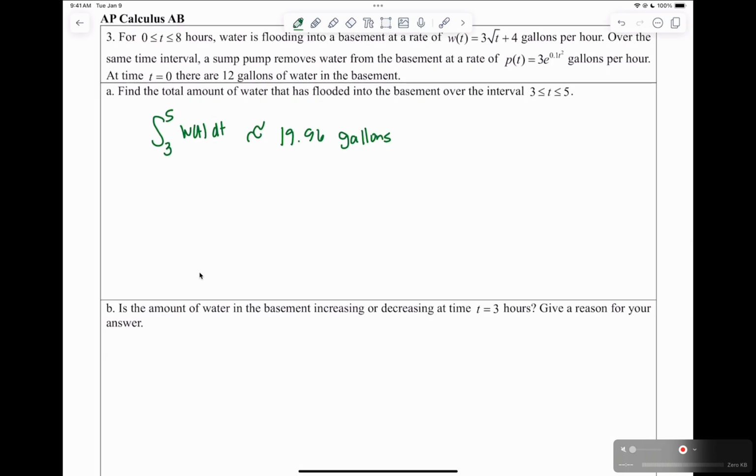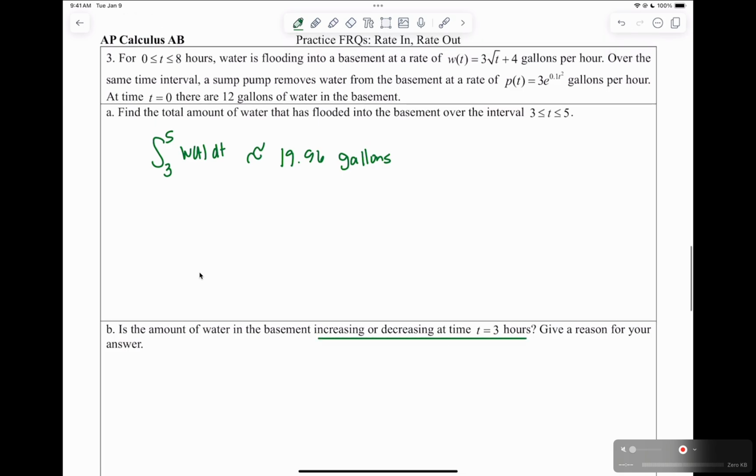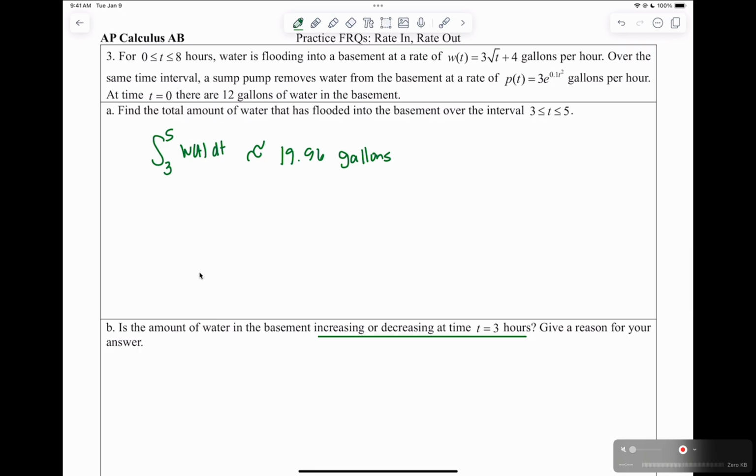Part B: is the amount of water in the basement increasing or decreasing at time t equals 3? Once again, we know that W(t) and P(t) are rates. Water is flooding into the basement, so that's going to be first, W(t). And then water is moving out by using a sump pump, which is P(t).